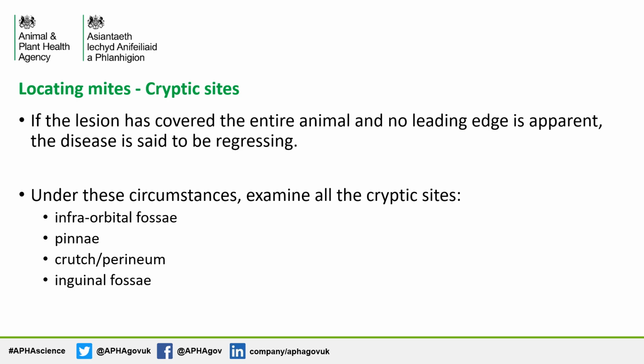These include the infraorbital fossa, the pinna, the perineum, and the inguinal fossa. In some infested animals, mites can remain dormant in cryptic sites during a latent phase, often during the summer. During this phase, the animal appears to recover, shows no clinical signs, and the wool regrows. However, they still remain carriers of mites and therefore represent a potential source of infection to other sheep.